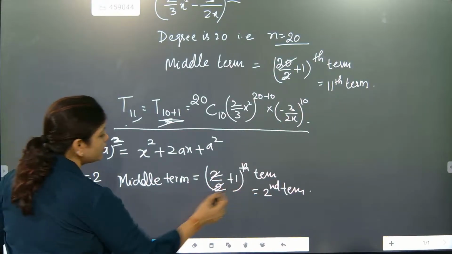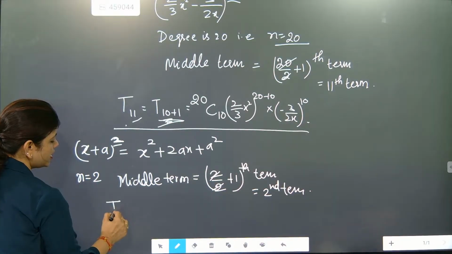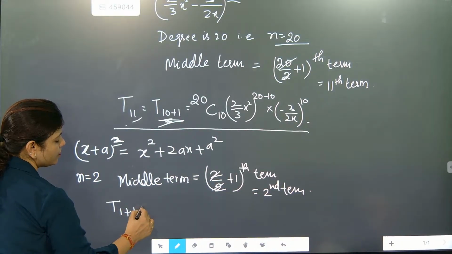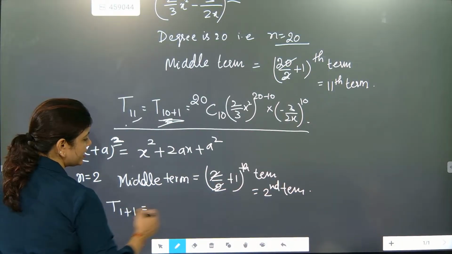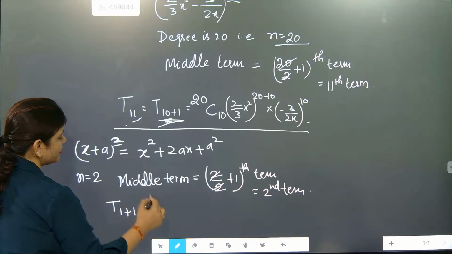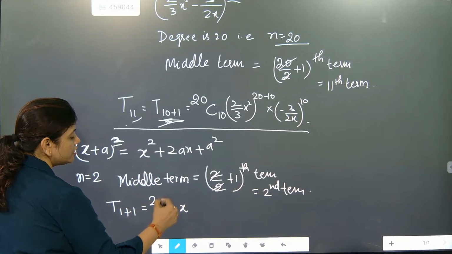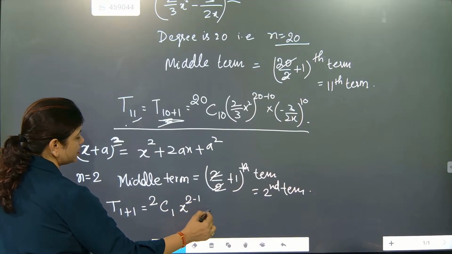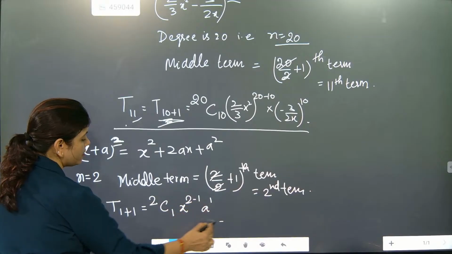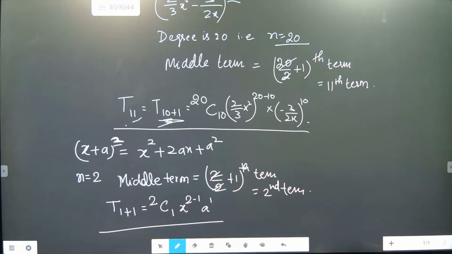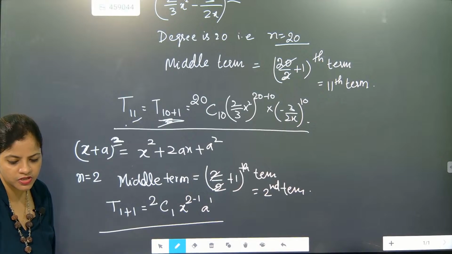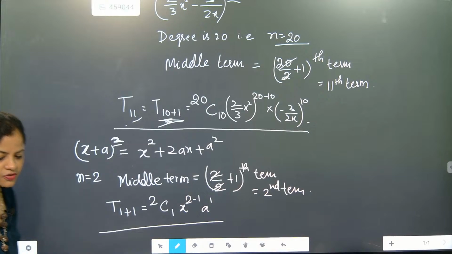See, 1 plus 1, 2 will come. At the time when we are writing 1 plus 1, it will become 2c1 x to the power 2 minus 1 a to the power 1. This is the procedure of writing, beta. Understood, na Siddharth?